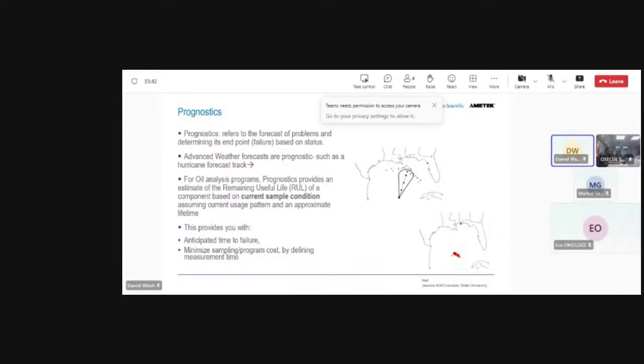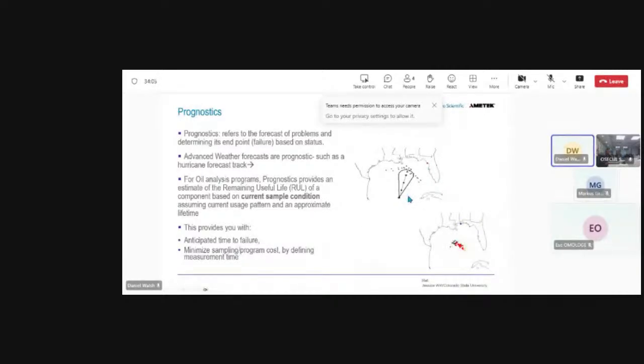They want to know when and where and how much when they're looking at reliability. I think it's very hard for a lot of us in the maintenance and reliability world to get our ears and eyes around what prognostics is. The best example I can give you is weather forecasting. If you ever see a storm, you'll see the weather guys do a weather forecast.